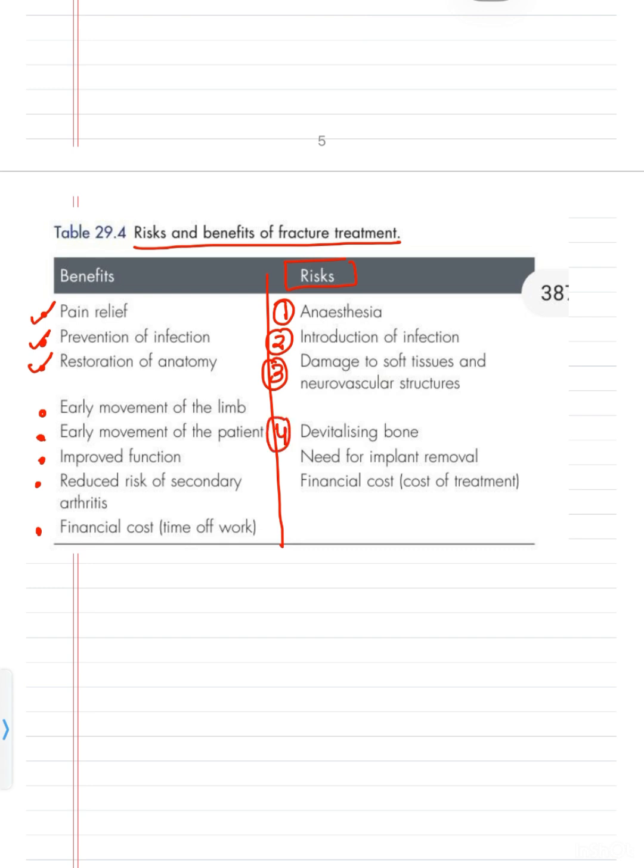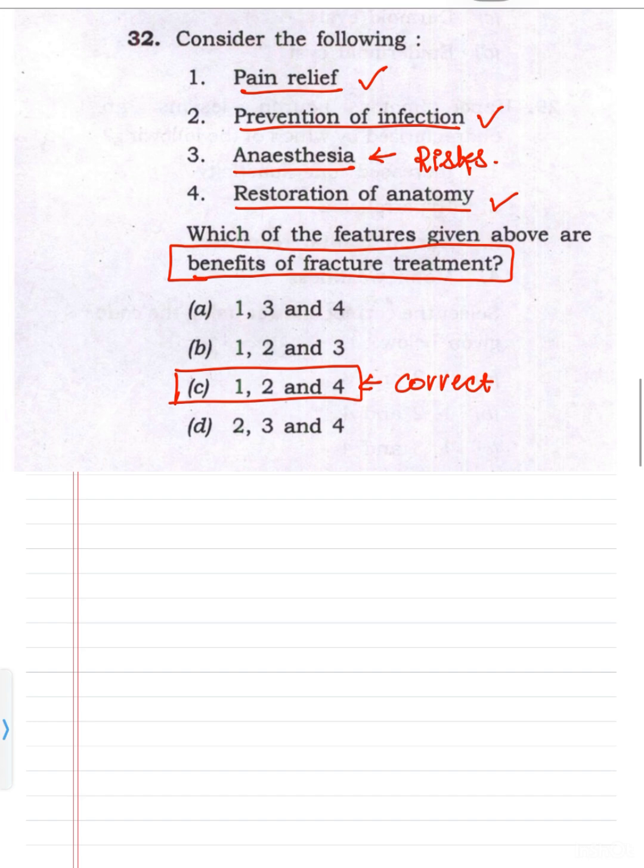Then devitalizing of the bone can occur, for example stripping of the periosteum, or removal of the soft tissue around the fractured bone. So there can be decrease in the blood supply of the bone, and that's why there can be devitalization of the bone. Then the need for implant removal is another risk, and financial cost, for example cost of treatment, is a risk factor. So anesthesia is not a benefit, it is a risk.